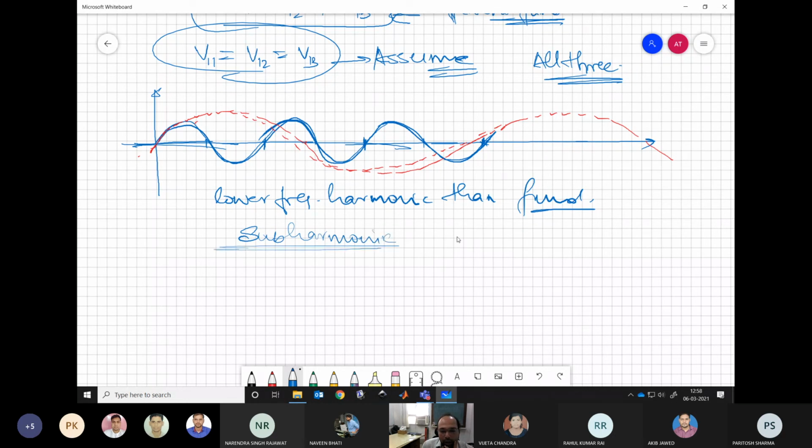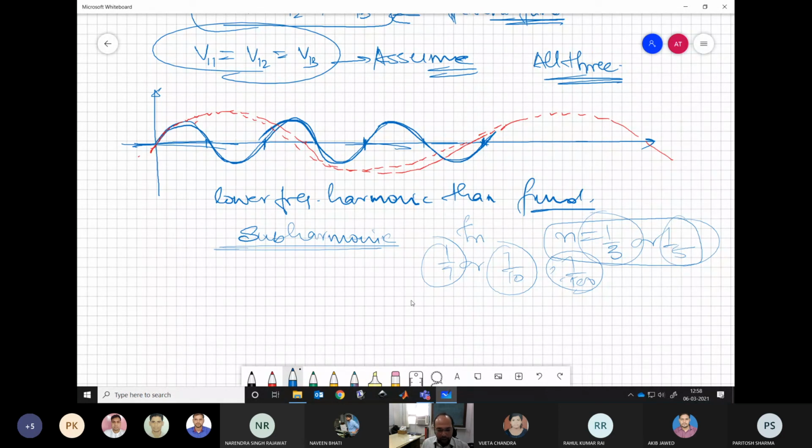Subharmonic means the frequency of the harmonic n could be 1 by 3 or 1 by 5. Now, this number n is actually like this, 1 by 7 or 1 by 10 or 1 by 100. So this is the number of cycles after which that pattern is repeating itself.